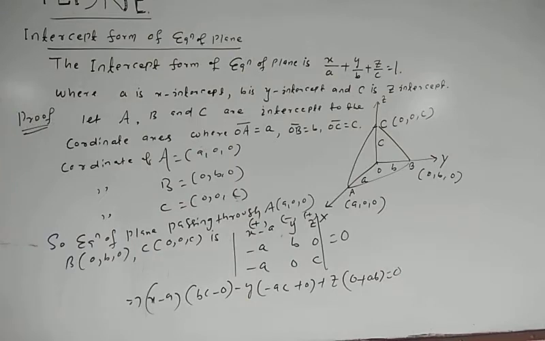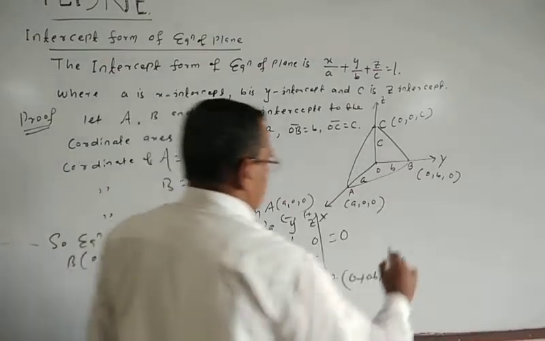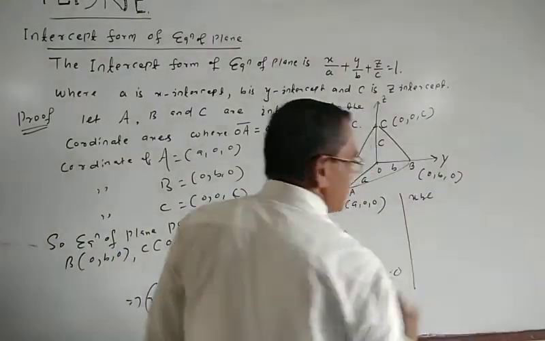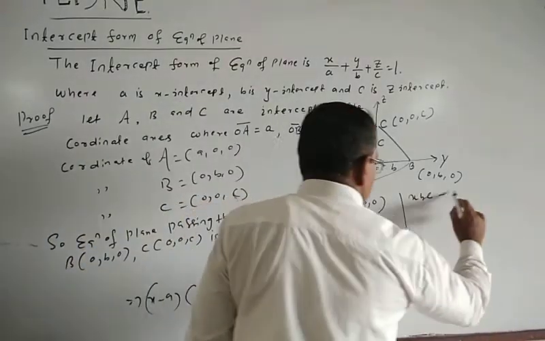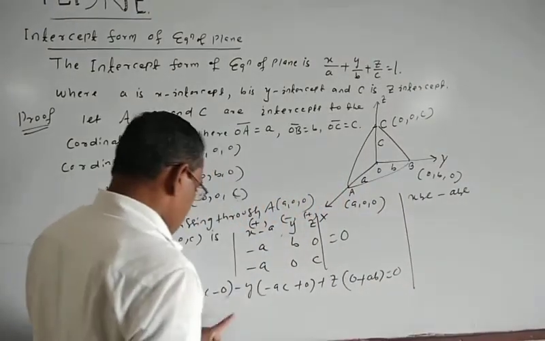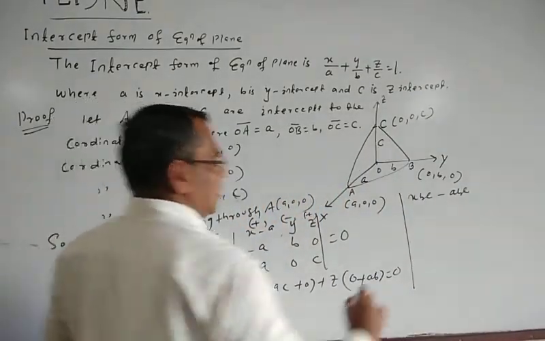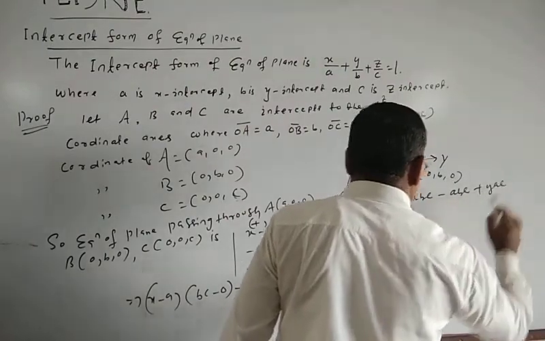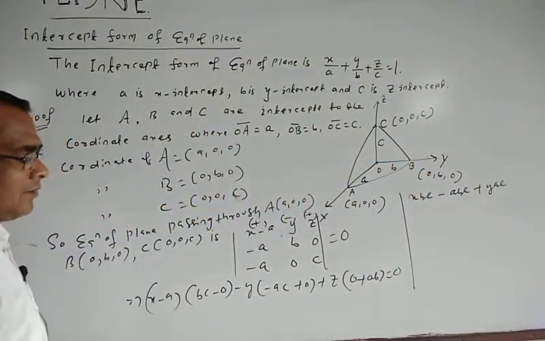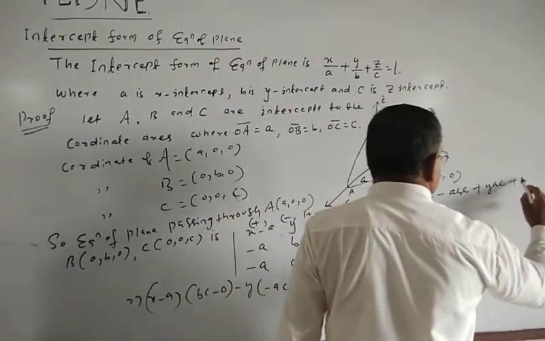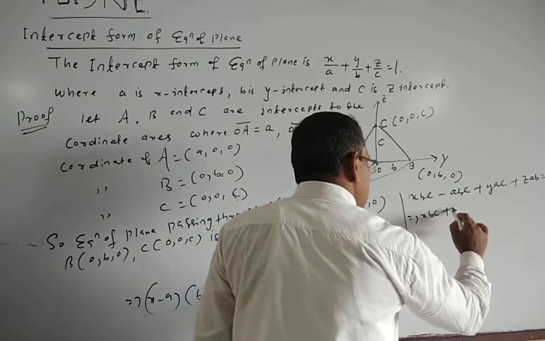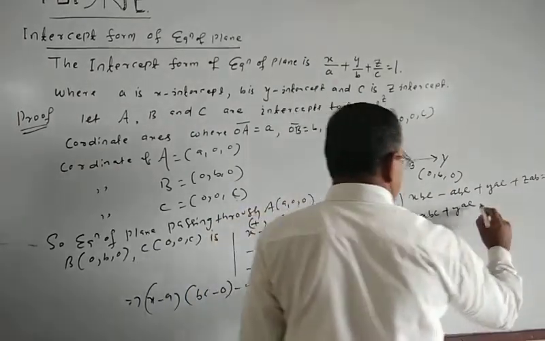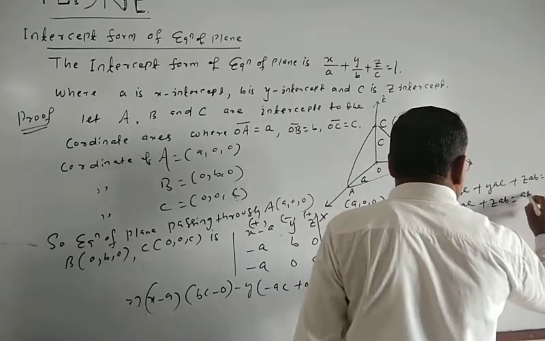Then expanding, xbc minus abc plus yac plus zab is equal to 0. That implies xbc plus yac plus zab is equal to abc.